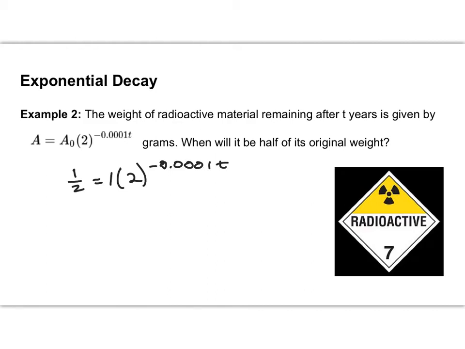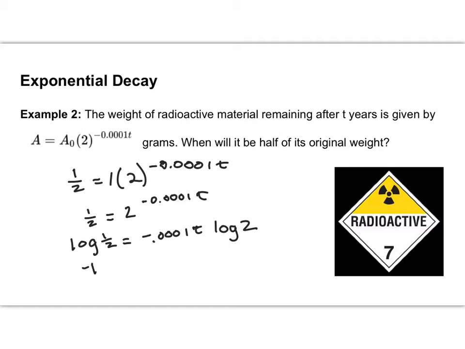All right, and when I divide by 1, I still have 1/2. And then I'm going to take the log of both sides. Divide both sides by the log of 2. The log of 1/2 divided by the log of 2 actually works out nicely.